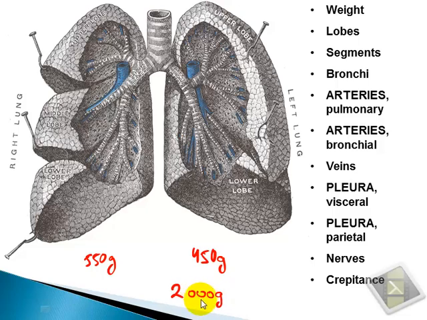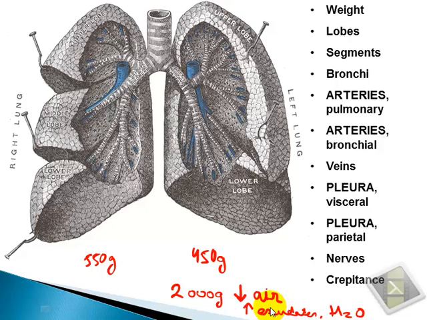What do you think is the reason? The reason is there is a decrease in the air and an increase in something which has come from outside, right? It can be exudates, it can be water which is present inside the lungs. So these things will make the lungs heavy.